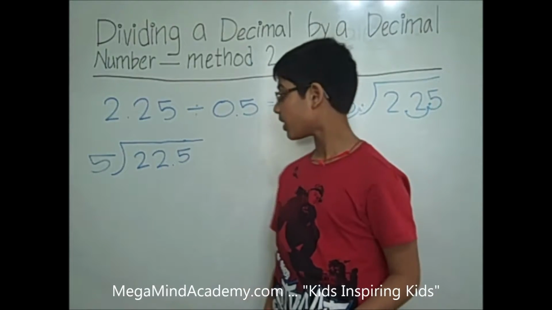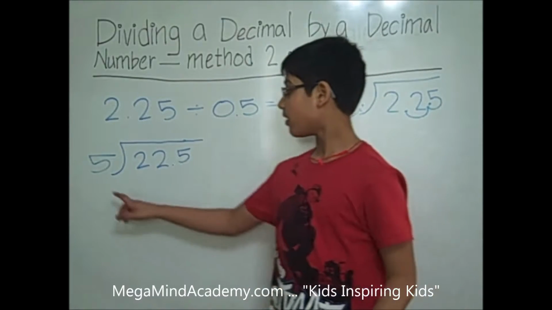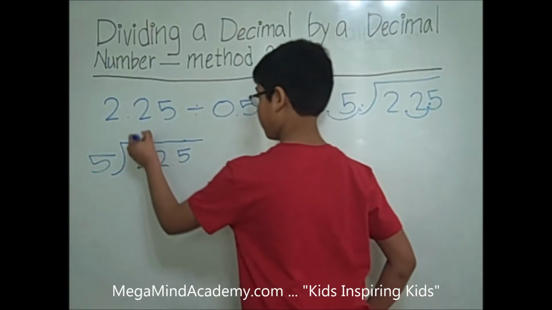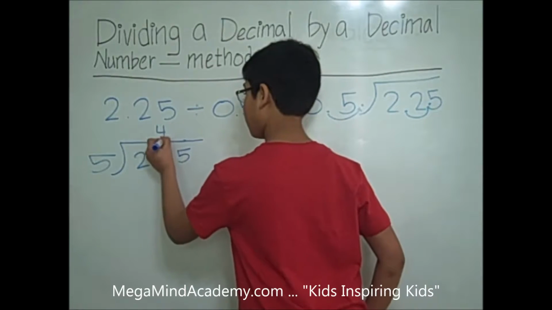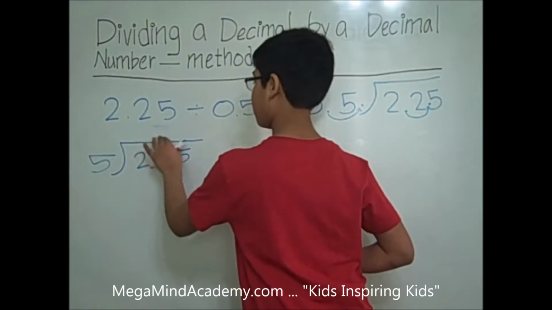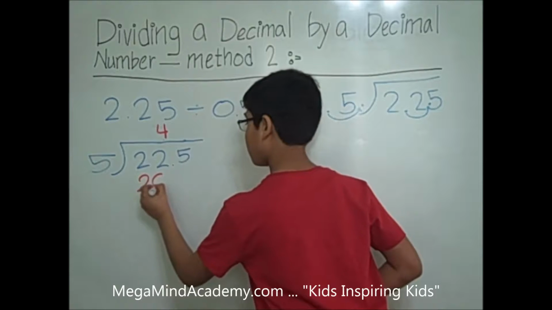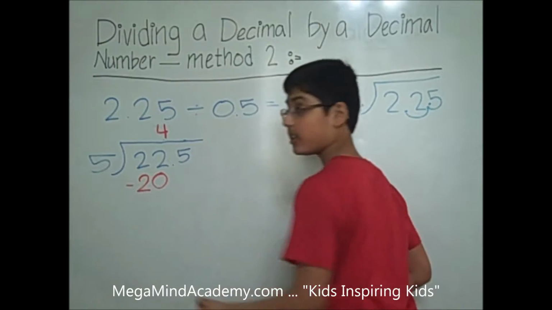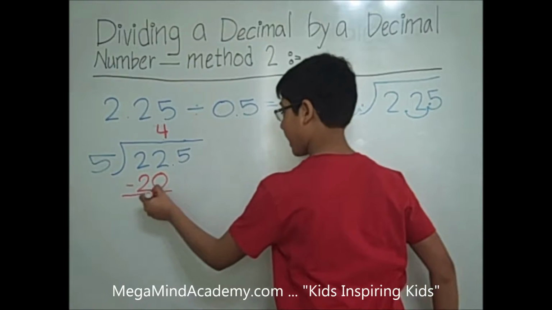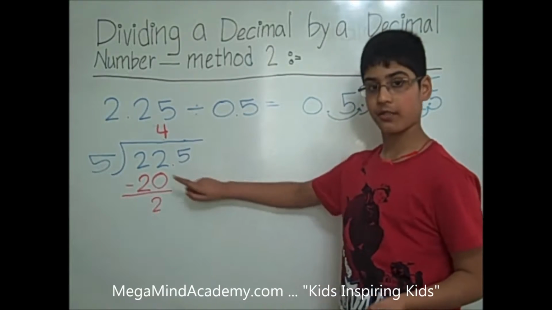Now, let's start doing our division. 5 times 4 is equal to 20. You subtract 20 from 22. You get 2. Now you have your decimal point.